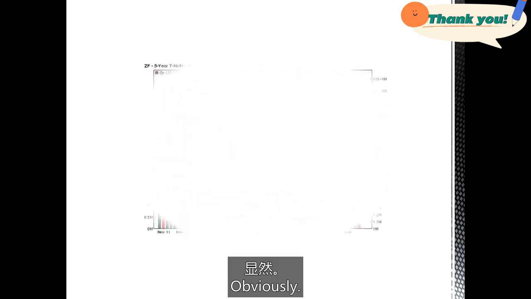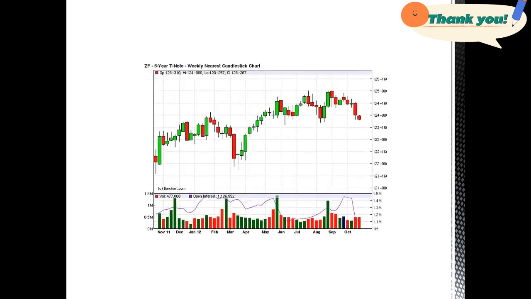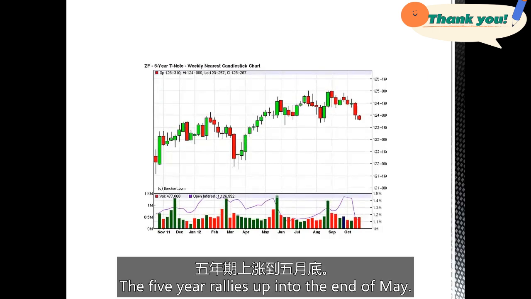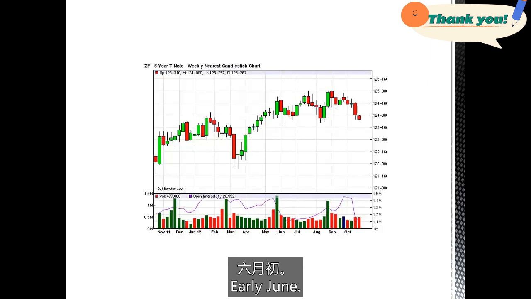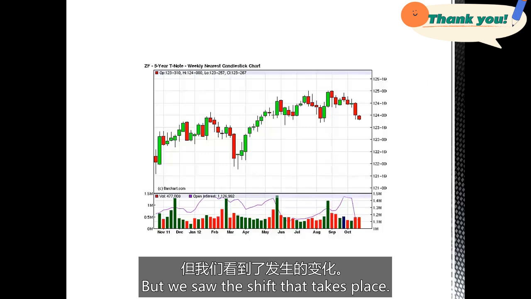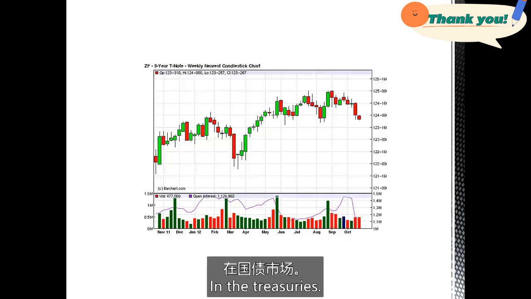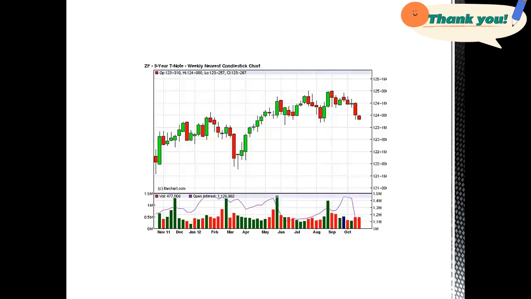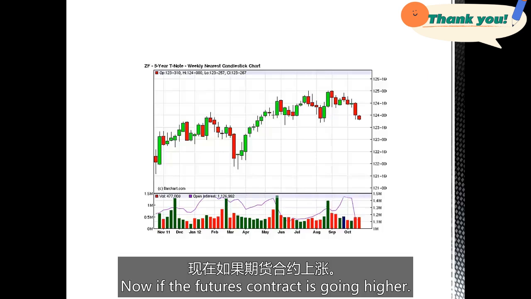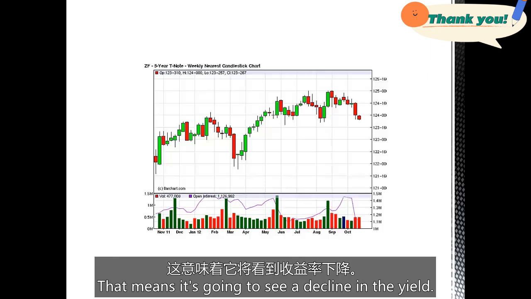What unfolds, obviously, much in the same capacity we saw in the 10-year, the 5-year rallies up into the end of May, early June, and even higher in the case of September of this year. But we saw the shift that takes place with a bullish move going higher in the treasuries and the T-notes. Now, if the futures contract's going higher, again, you've got to remember their inverse relationship. That means it's going to see a decline in the yield.